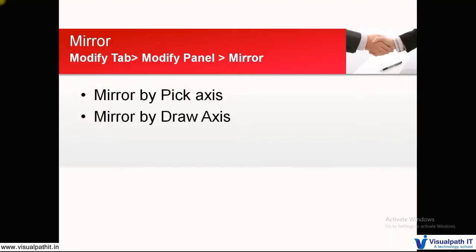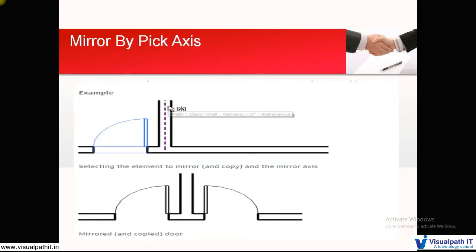Mirror by pick axis is when you have a ready-made axis, an element is already there, you can pick that element as the axis and the object gets mirrored from the left to the right. So the copied door, any element can be mirrored in this way. When you already have an element, you can pick that element as a mirror axis.